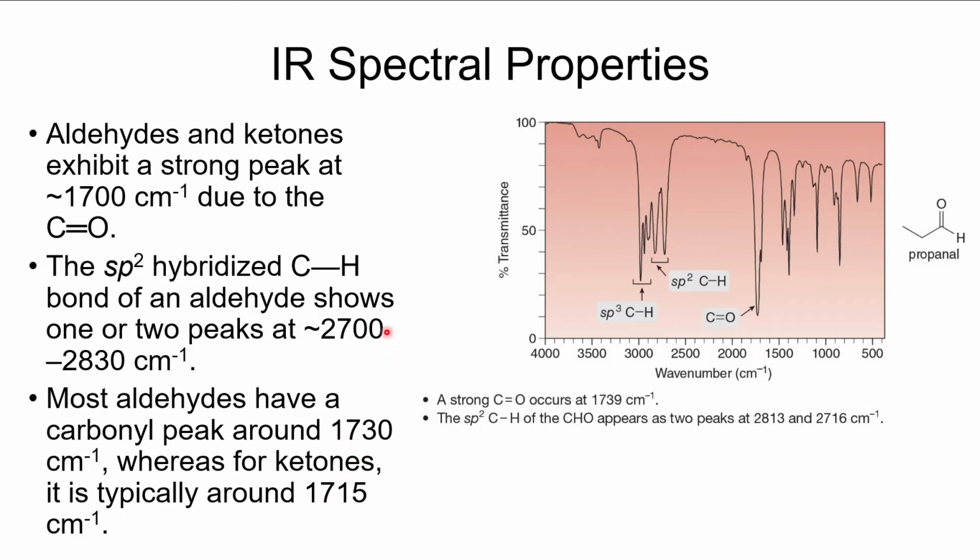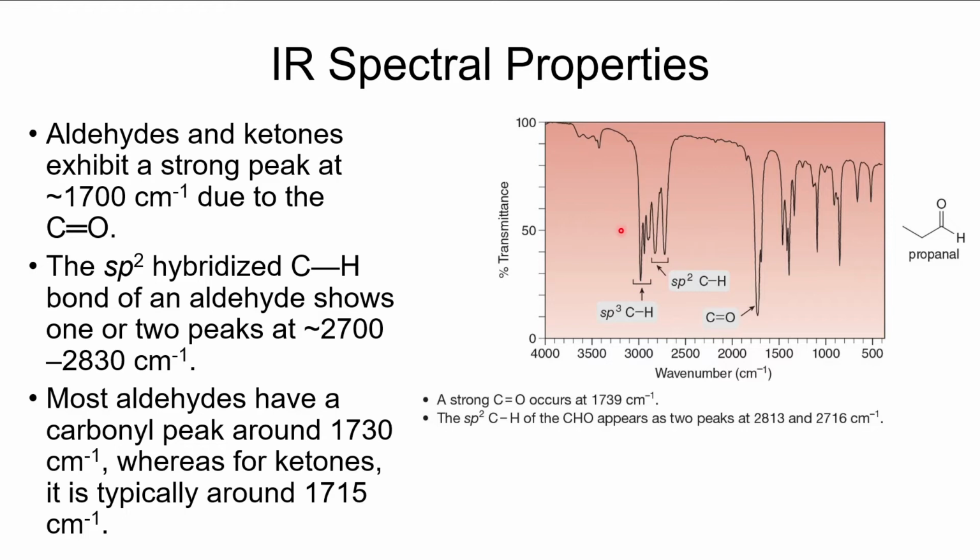There is something interesting that does happen with aldehydes, and we'll look at propanal here as an example. With propanal, there is a carbon hydrogen. That carbon on the carbonyl is sp2 hybridized, and that carbon hydrogen stretch shows up at a different position than we typically see carbon hydrogen stretching.